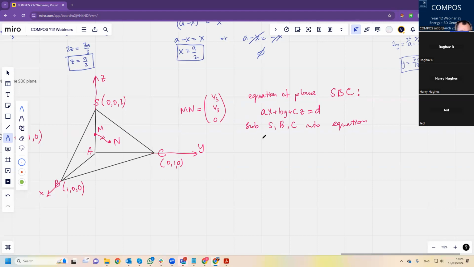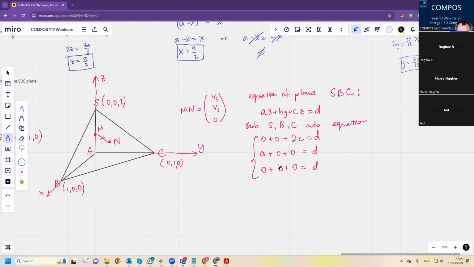Substituting S, it's going to be 0 plus 0 plus 2c is equal to d. Substituting B, that's going to be a plus 0 equals d. Substituting C, it's going to be 0 plus b plus 0 equals d.